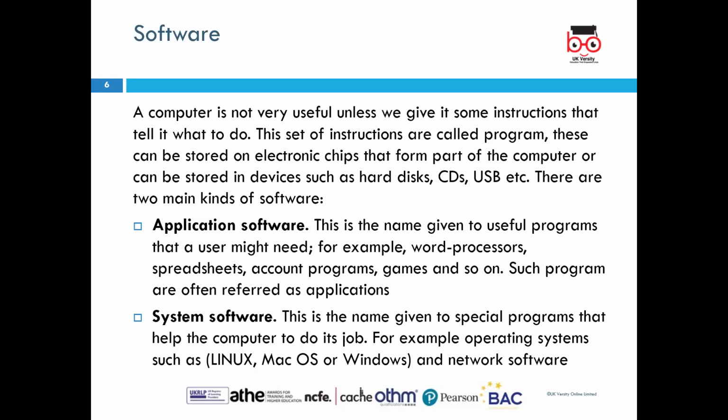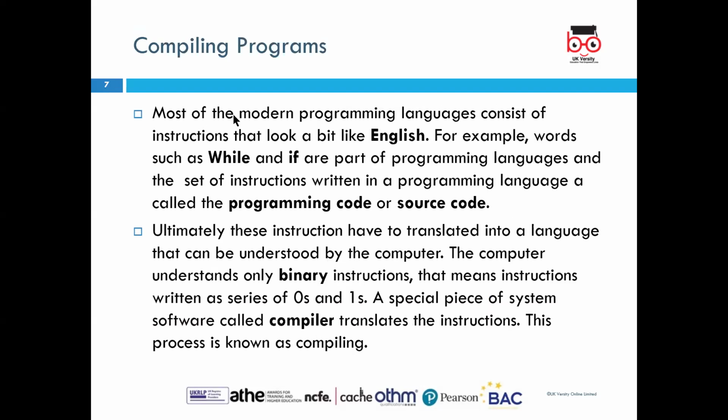This could be a mobile application or a desktop application, depending on what we're using them for. Then we have system software. This includes any sort of system, which could be our operating system, for example, Linux, Mac, or Windows.